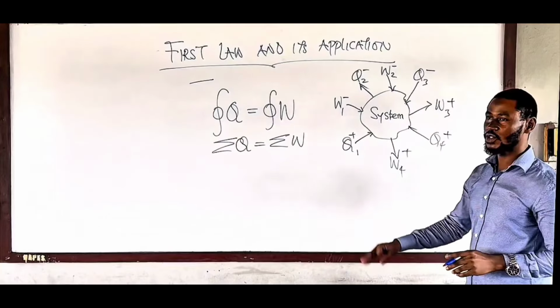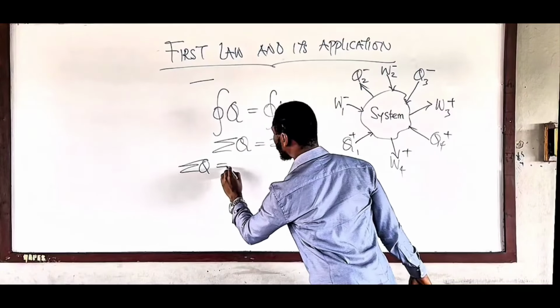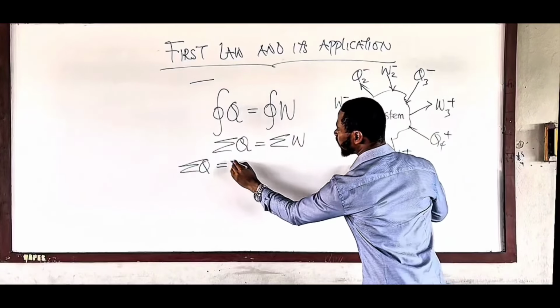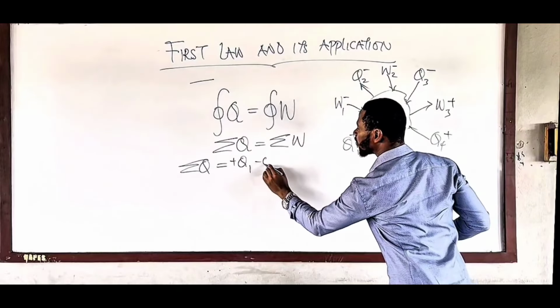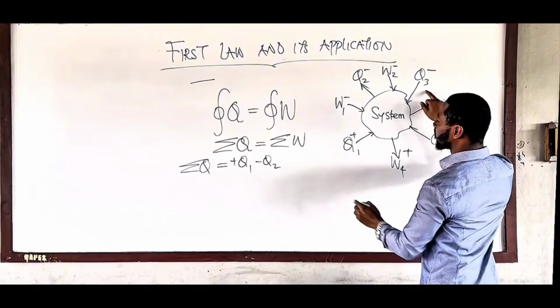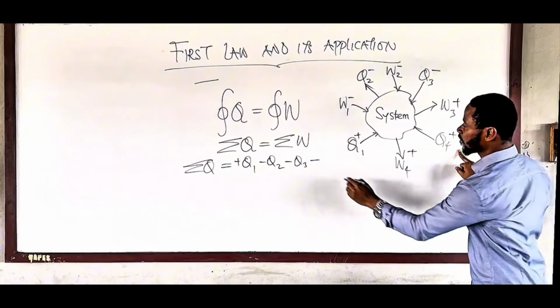Then we go back to the summation. Summation of Q becomes Q1, which is positive, plus Q2, negative, Q3, negative, Q4, positive.